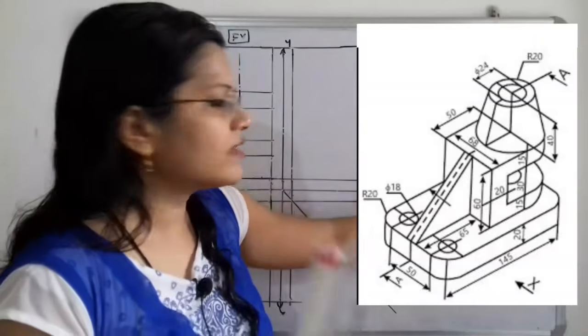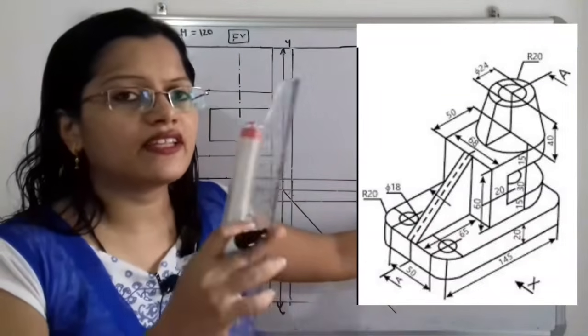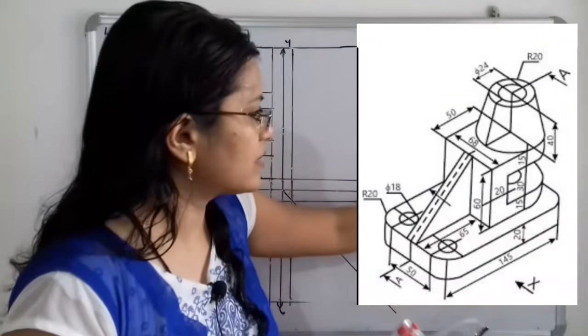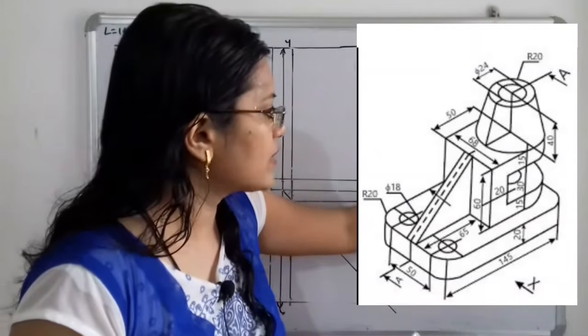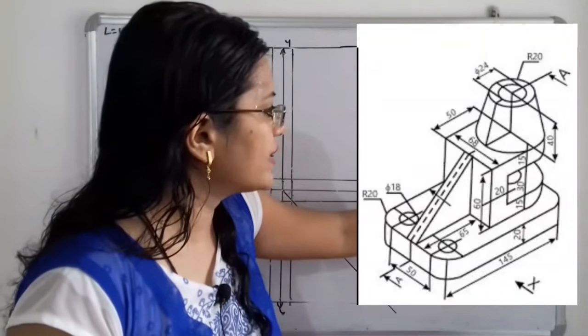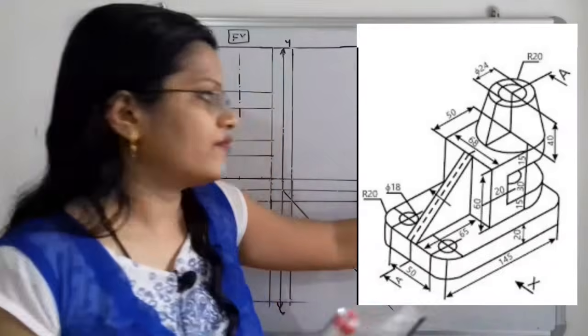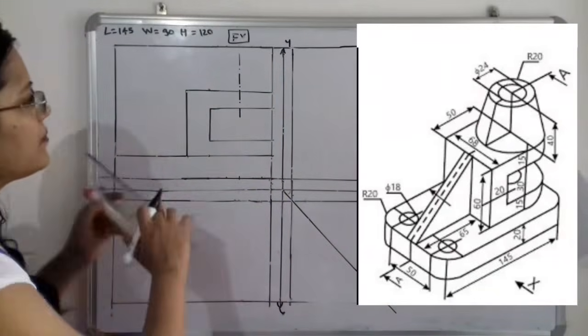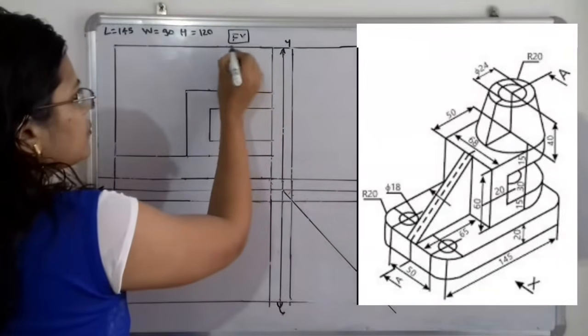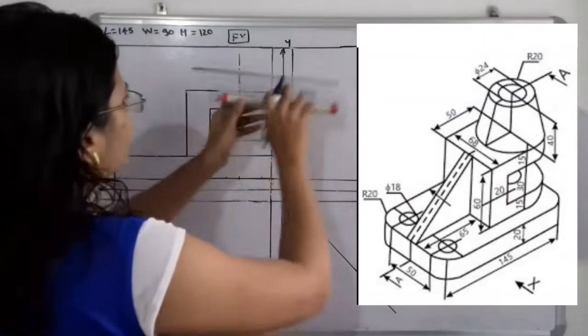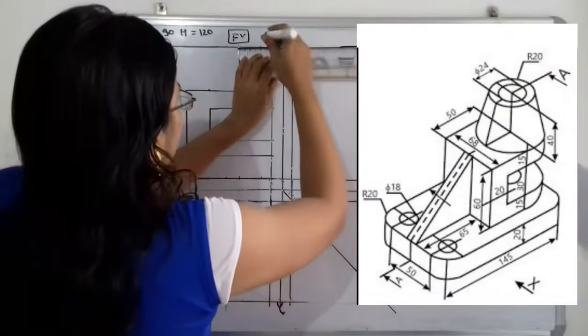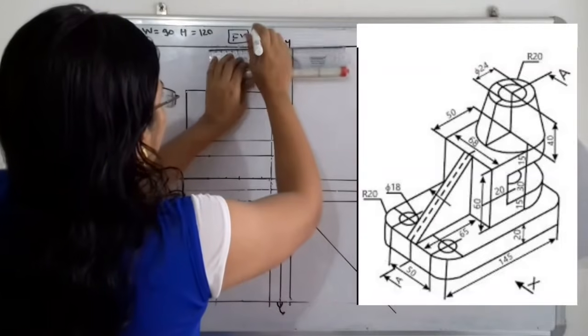Now if we observe, having the same center at the top, there are two circles. So there are two circles having r is equal to 20 and phi 24. So r is equal to 20, that means 20 distance on both the sides. So we have to select here, that is having r is equal to 20.